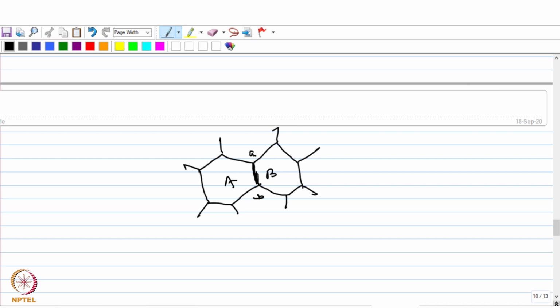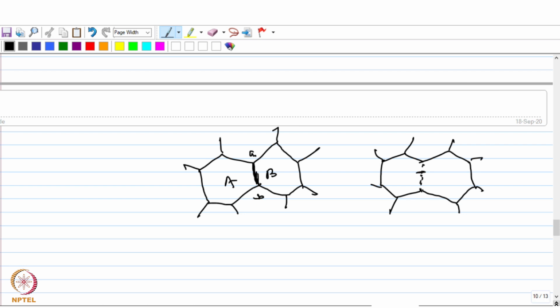But there is a possibility that it will be a low angle kind of boundary or a subgrain boundary kind of boundary where the misorientation across it is much lower. So the difference in terms of the orientation across this boundary is much lower.